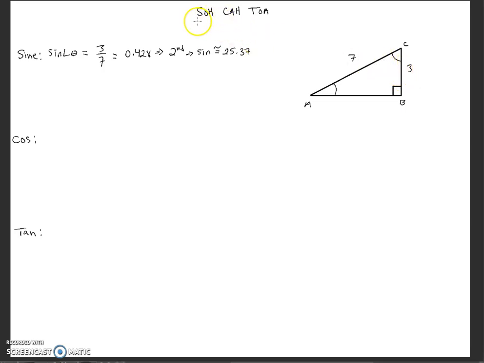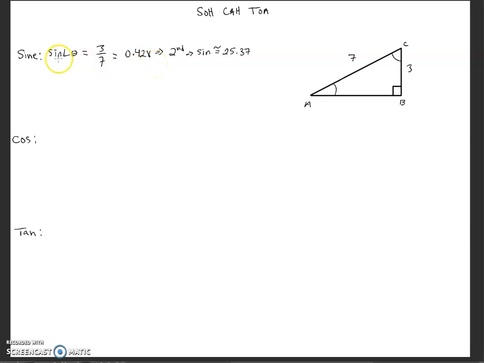Again, we're looking at SOHCAHTOA here. S for sine, C for cos, T for tan. So the sine of the angle theta is opposite over hypotenuse. Now remember, sine will always give you a decimal, and the only way to achieve a decimal is to stack the lesser on top of the greater. As long as the numerator is smaller than the denominator, you will always get a decimal.